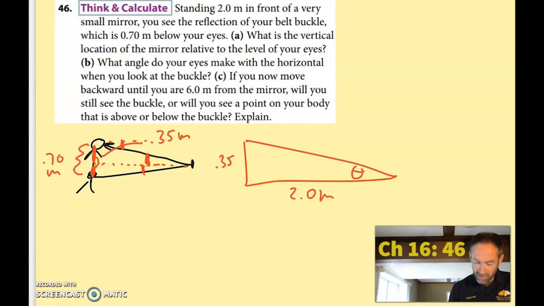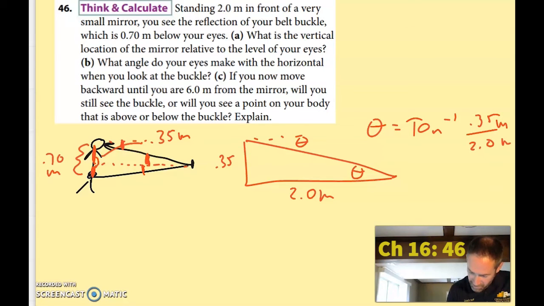How big is that angle right there? It happens to be the same size as this angle, which is the answer. So that angle is going to be an inverse tan of the opposite over the adjacent, both in meters. When you go ahead and do that, you get 9.926 degrees, just two significant figures there.